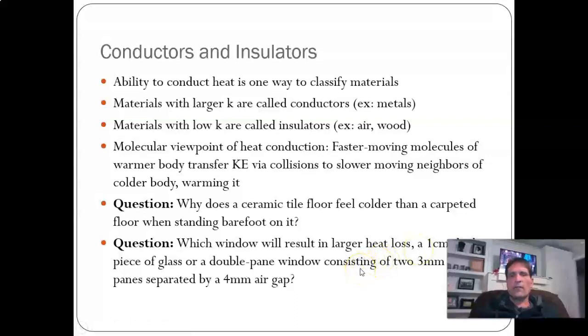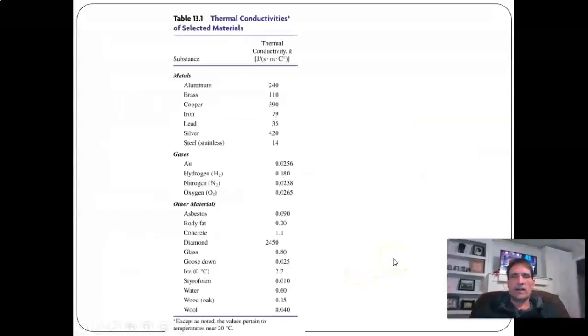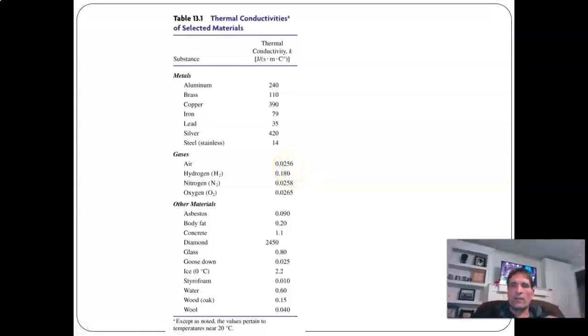And it turns out that stale air, non-moving air, has a really low thermal conductivity, about 30 to 40 times less than glass. So an air gap in between two chunks of glass is a super insulator, okay, because stale air is a very poor conductor of heat.